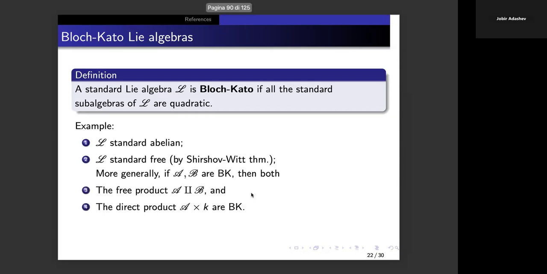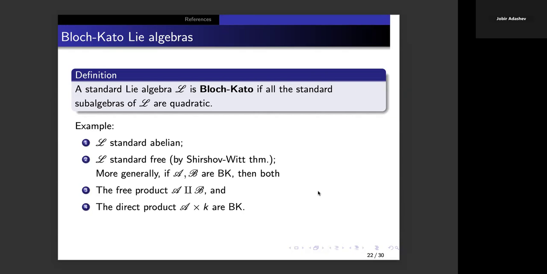And less trivially, and more generally, if A and B are bloccato, then both the free product of A and B and the direct product of one of them with an abelian Lie algebra are bloccato Lie algebras. So we can generate a lot of bloccato Lie algebras in this way.